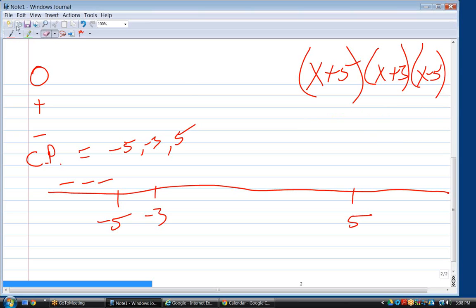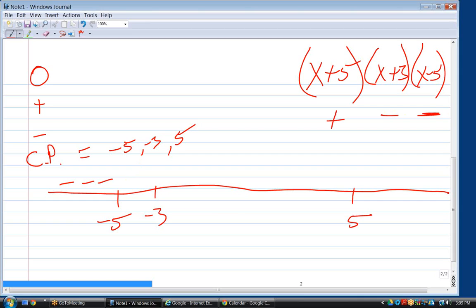Now let's test a point between minus 5 and minus 3. Why don't we do minus 4? Okay, what's this when x is minus 4? Is that plus or minus? That's plus. What's this one? Minus. And this one? Minus.